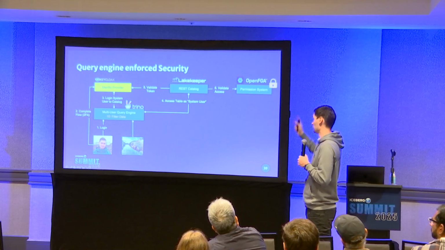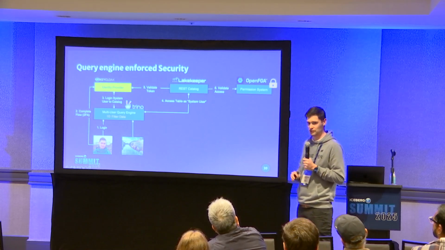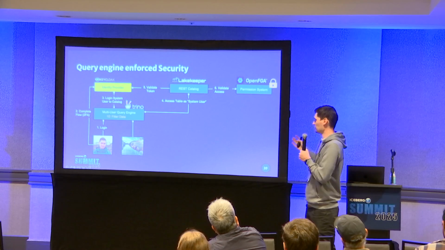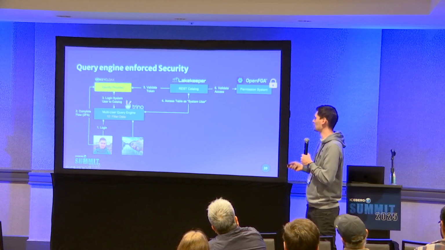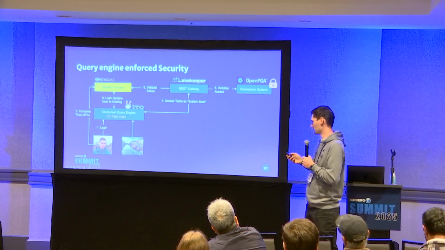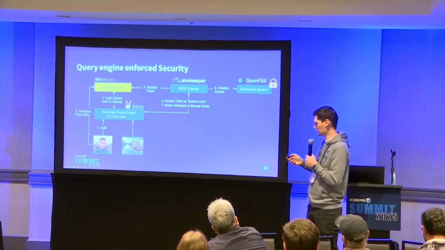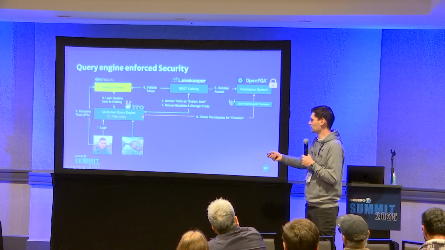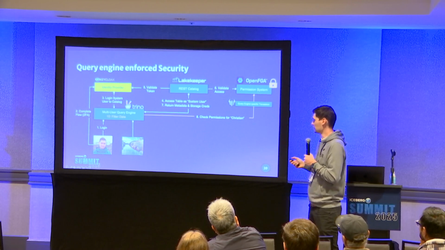With Lakekeeper, we are using OpenFGA, a CNCF project, to store all the permissions externally, but it could be really any permission system that we decide to connect to. Not having a standard here, as I said before, is something that we might want to change in the future. So what would happen next? Well, now Trino would go ahead and actually check the permissions.